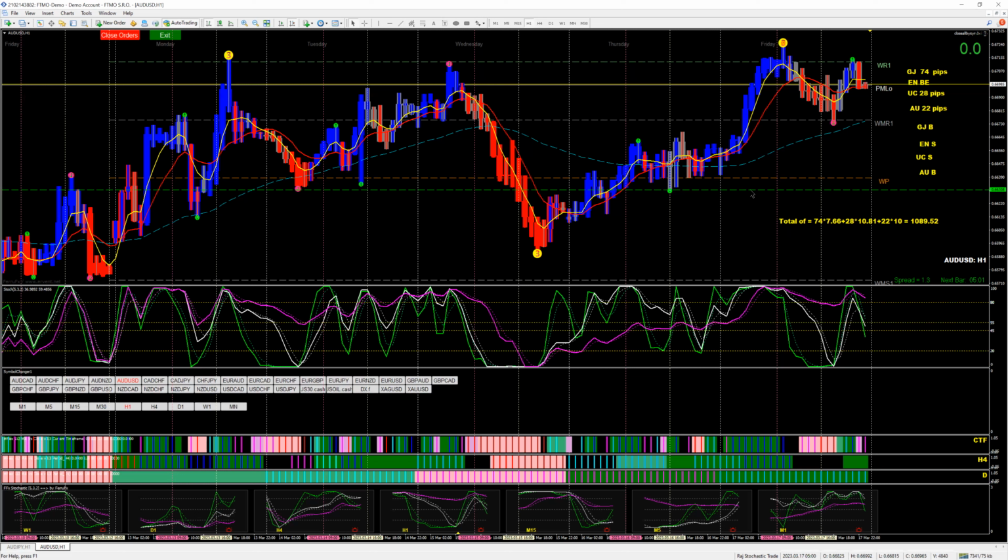Hopefully this is plain and simple as to what you need to do. Identify each one or take the top one, just the top trade, and that would equal 566 pips just for GJ.